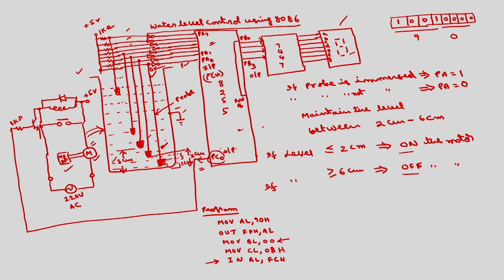Okay. So to check whether PA0 is 0 or 1, rotate the accumulator contents to the right, ROR, through carry, AL, 01. You can take RRC because I want the carry contents also.